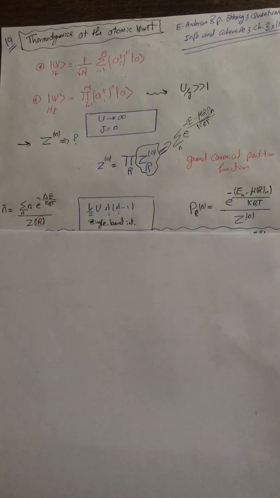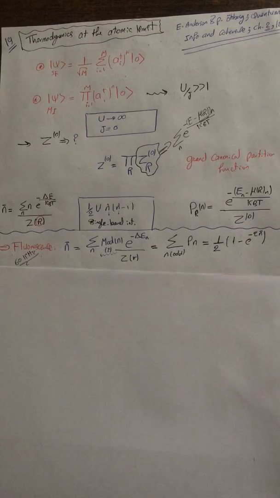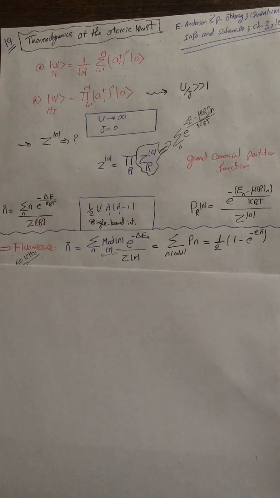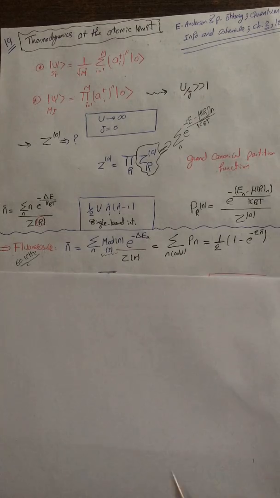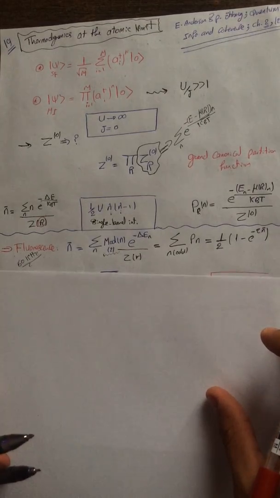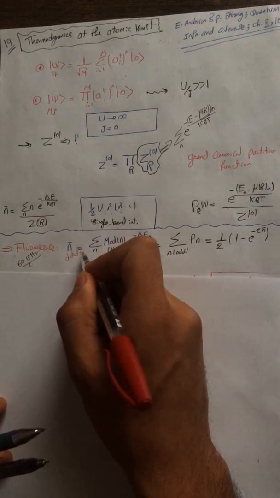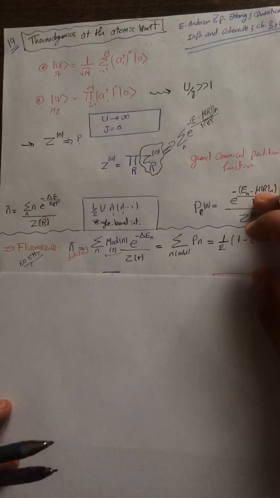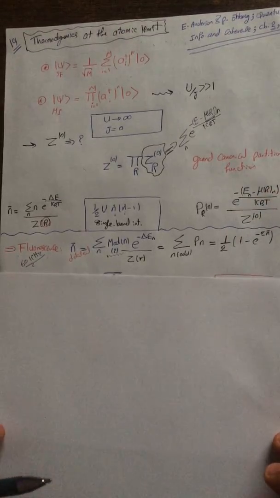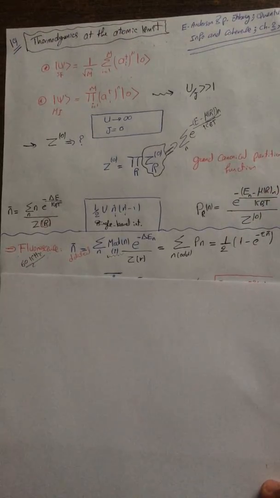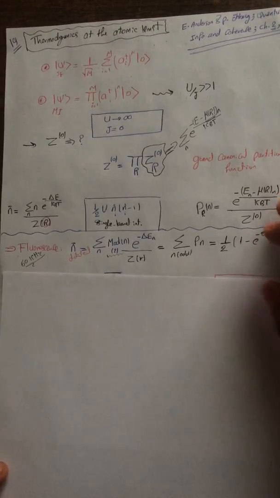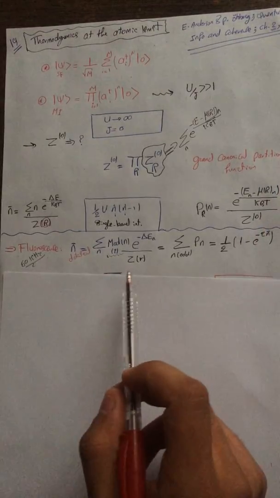Let's go to what experiments actually show when we want to measure these things. Here you want to measure the detected occupation density, the occupation number. This is the detected n using fluorescence. You shine light on the atoms in the optical lattices. This is clear, yeah. And then you can sum over all.